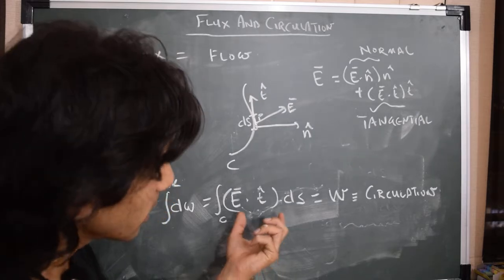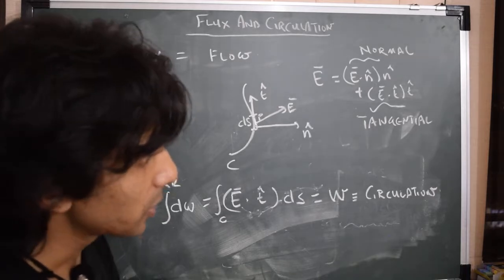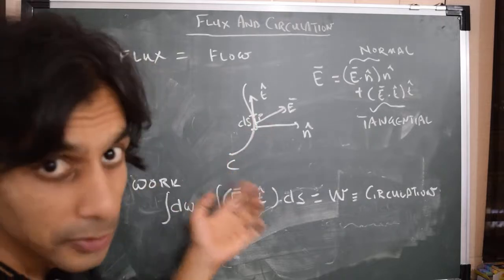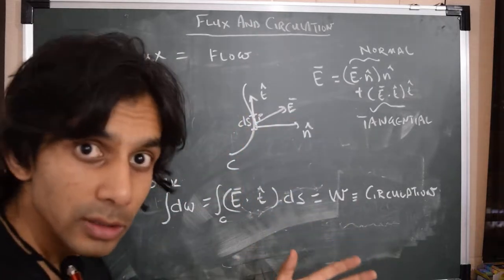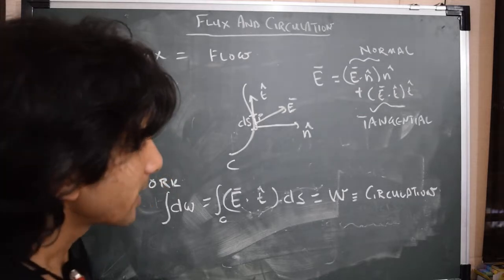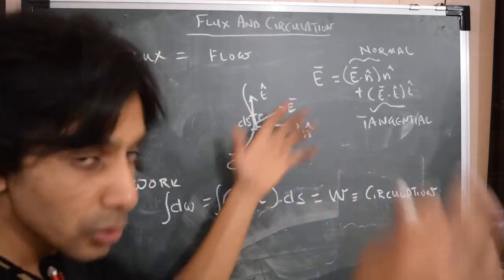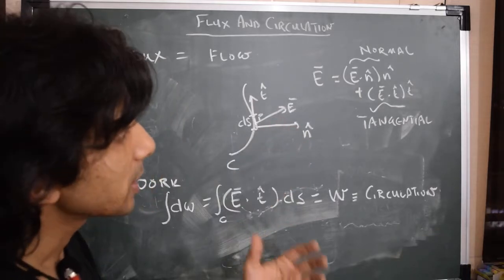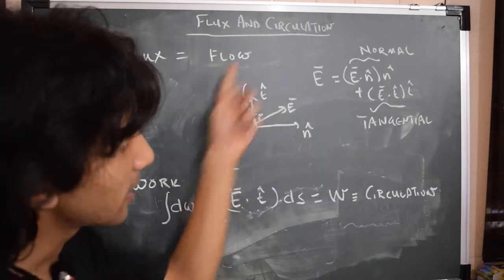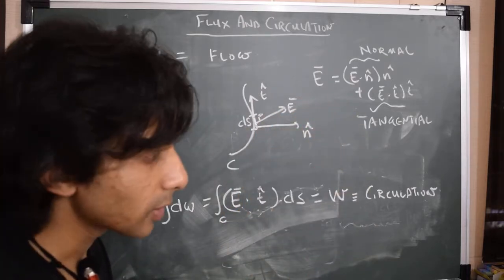We'll see that a lot of other ideas also come into the picture. In particular, here we have just considered an open curve C, but what if we consider a closed region of space with a closed loop? Then we can see that the flux through the closed loop, which we calculate from the value of the vector field at the boundary of the loop, is related to what's happening in the interior of the region of space.